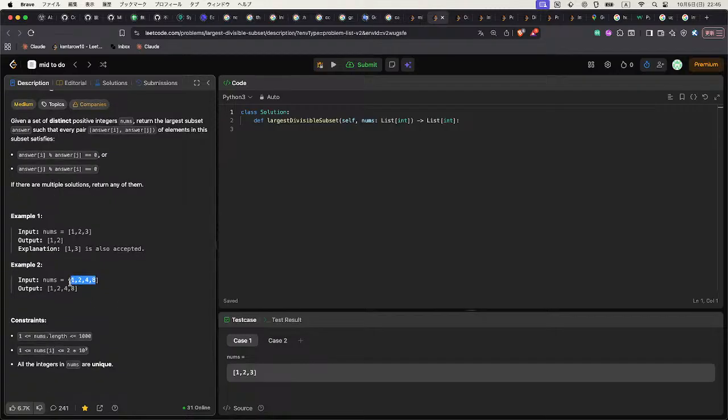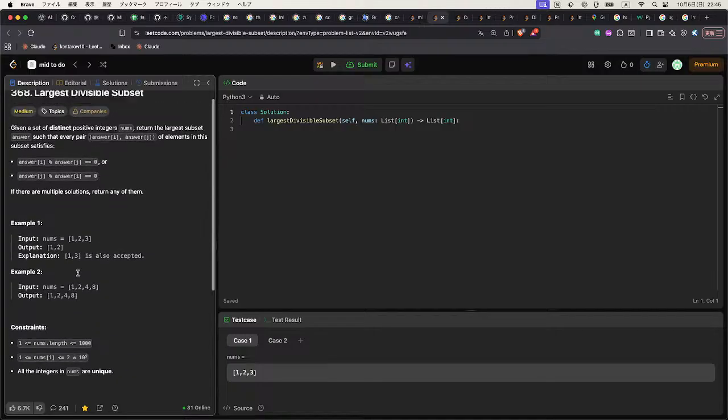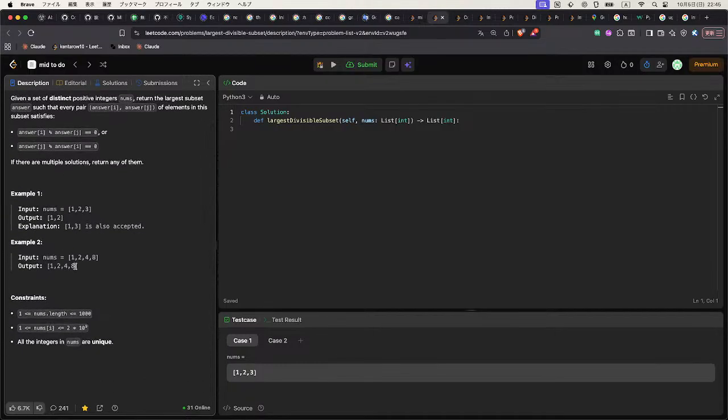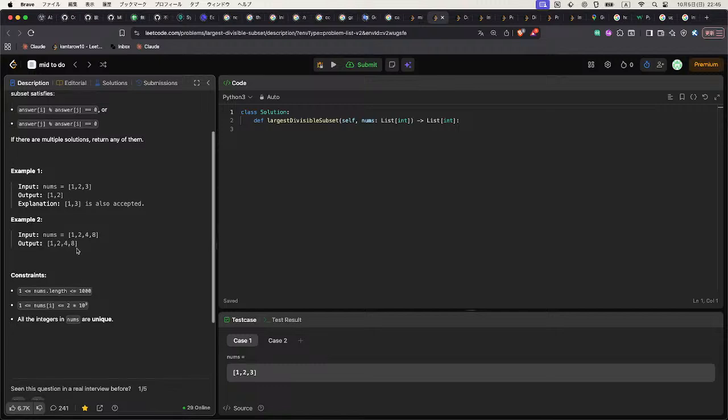If I get 1, 2, 4, and 8, the answer is 1, 2, 4, and 8 because it's the largest subset. Every pair i and j must satisfy the condition. So 8 is divisible by 4, 2, and 1.